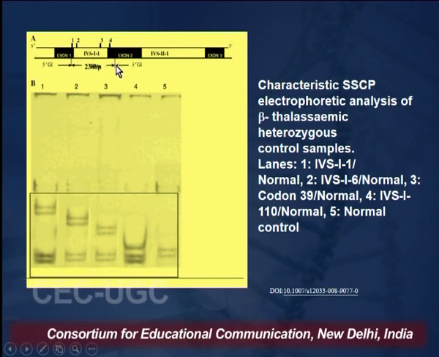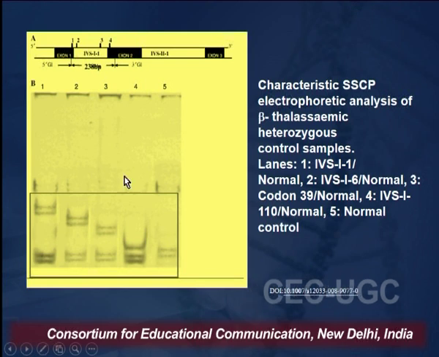This particular gene fragment can be PCR amplified, it can be done from the genomic DNA as well. The gene of interest is PCR amplified, and then it is made single stranded and allowed to fold itself, and when it folds it gives certain conformations.